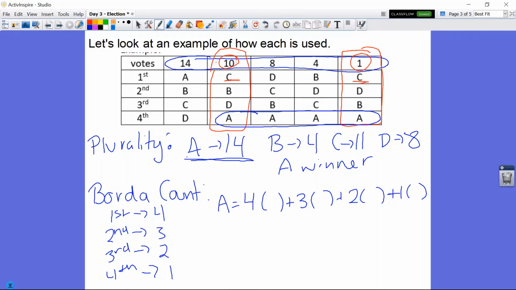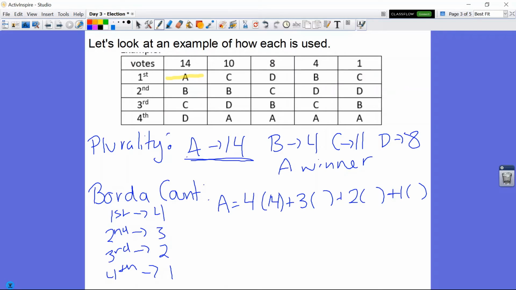Okay. So if we do this, let me erase some of this stuff that I've written in the table so we can keep track of what we're doing. So we're looking for when candidate A is in first place. So that happens here. So we're going to put 14 here because we know that A is in first place 14 times.